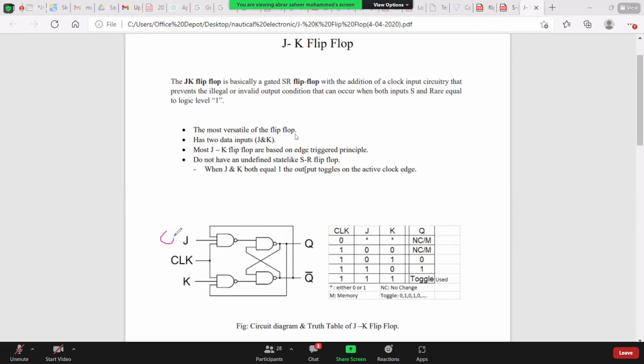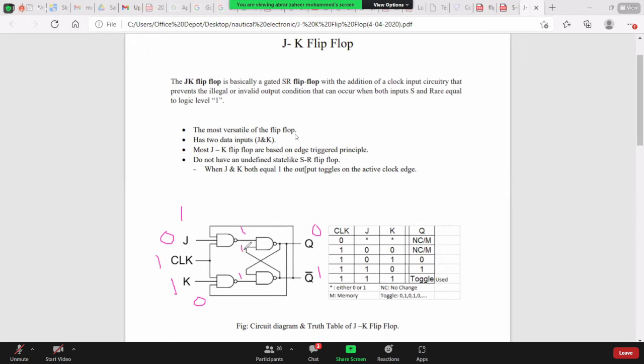When J is 0 and K is 1 and clock is 1, what is happening? Now Q is 0 and Q bar is 1. So this 0 will come here and this one will go here. 1 into 0 into 1, output here is 1. 1 into 1 into 0, here also output is 1.